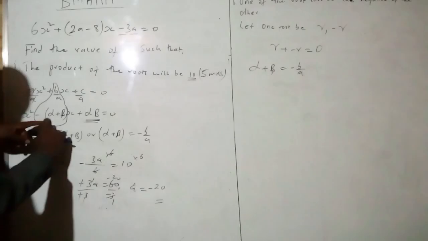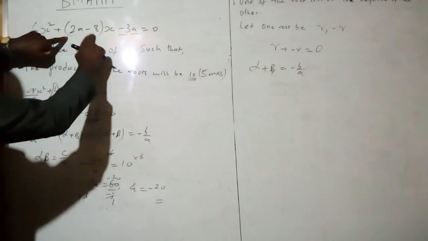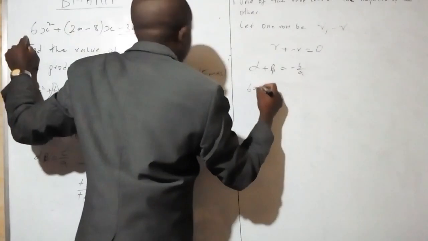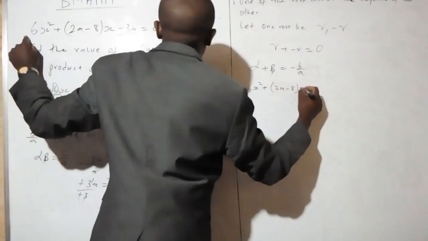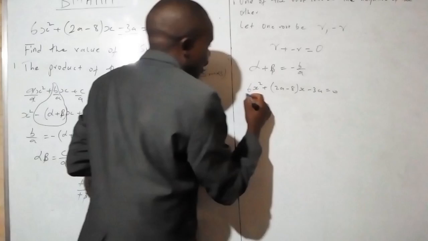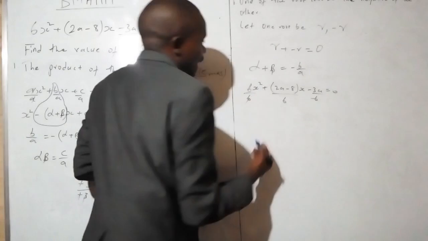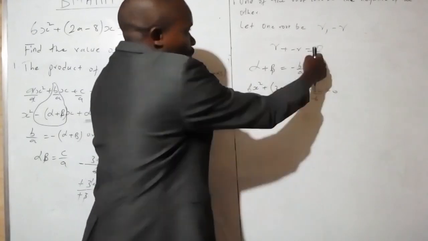So we divide and we do it here: 6x squared plus (2a minus 8)x minus 3a is equal to 0. We divide by 6, by 6, by 6. And this is the sum, which is supposed to give us 0. 2a minus 8 all over 6 is equal to 0.